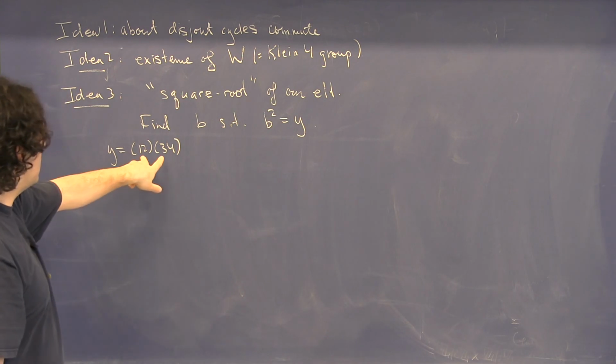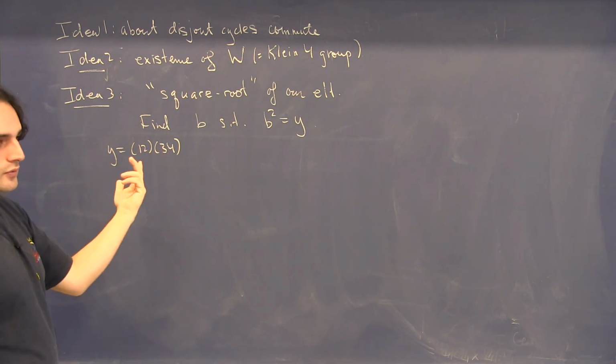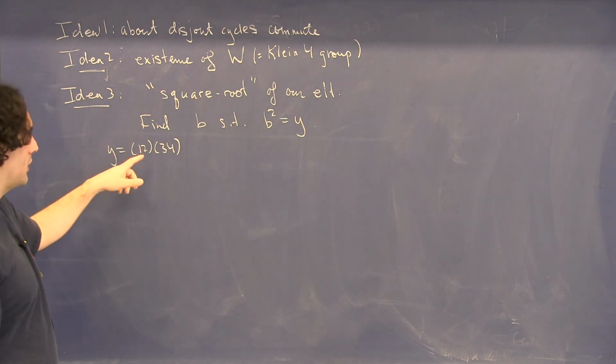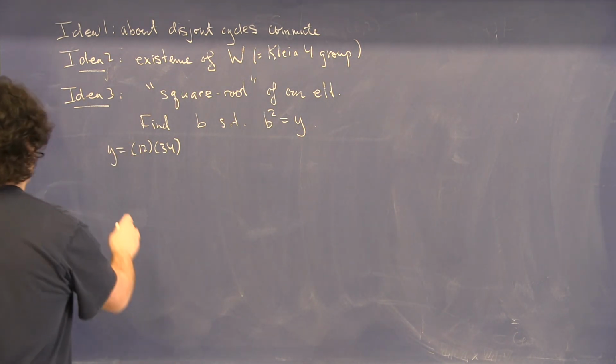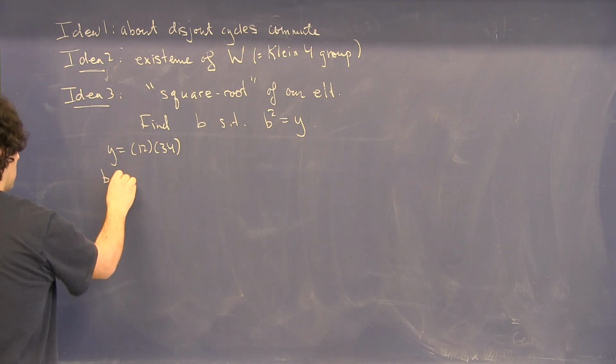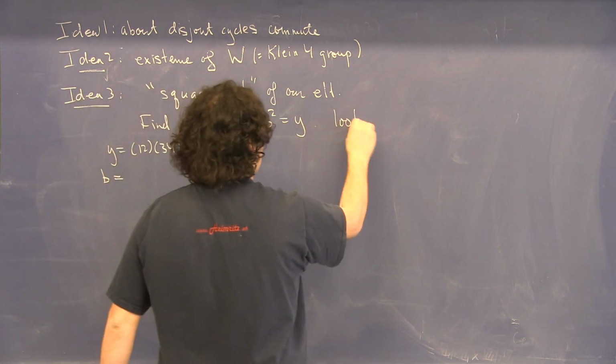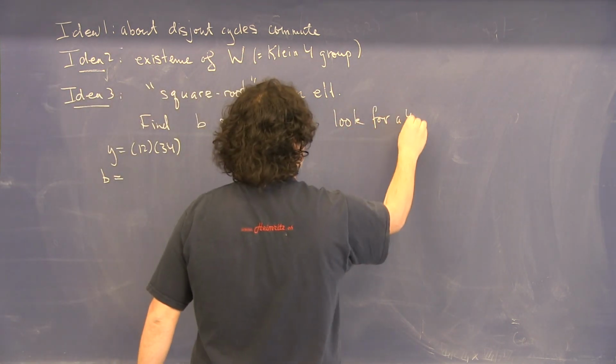In particular, here when we have a product of two disjoint transpositions, this suggests we try to find a 4-cycle whose square is y. So we look for a 4-cycle.